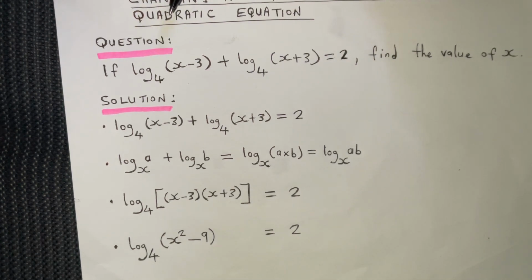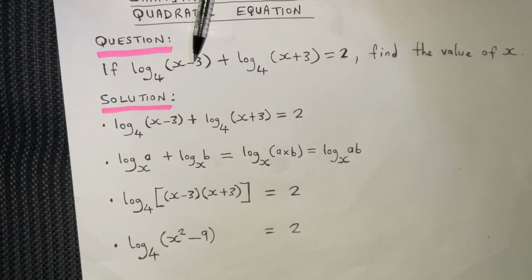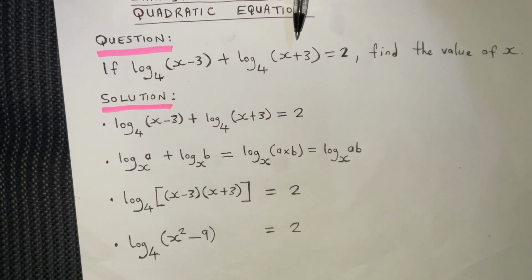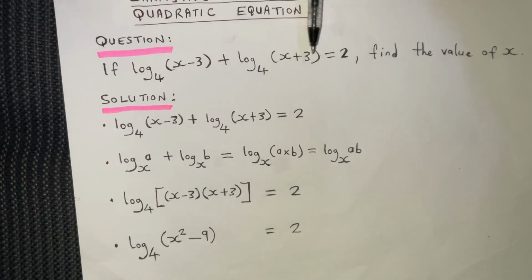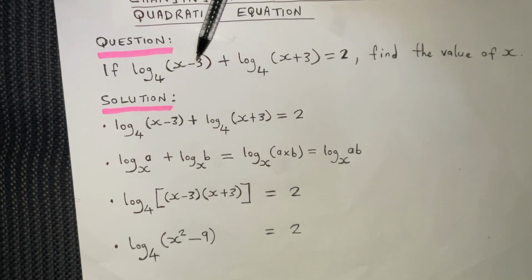So we take the positive 5 only, because if we substitute 5 for x here, it will be 5 minus 3, which is 2, which is positive, so the argument is positive. As well here, if I take that positive 5 and substitute for x here, it will be 5 plus 3, which is also a positive argument. But if I substitute the negative 5 here for x, it will be minus 5 minus 3, which is minus 8, and the argument will be negative.